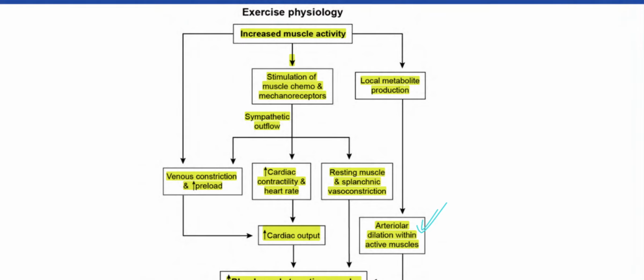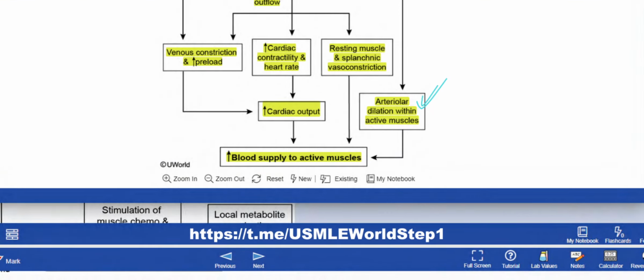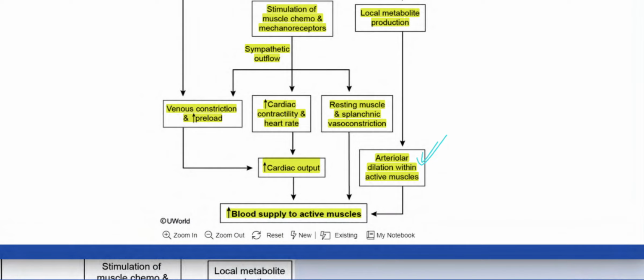With that, resting muscle and splenic vasoconstriction, because there is no need of work in these areas. And local metabolite production will dilate arterioles within active muscles. That means the total peripheral resistance will be reduced. So ultimately, that will increase the blood supply to active muscles.